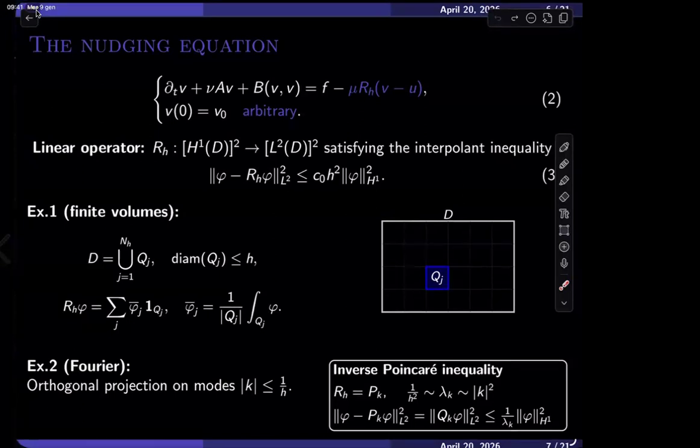So a typical example that you find very often in the mathematical literature for this kind of linear operator is given by projection on the low modes, and this interpolant inequality is nothing but a generalized inverse Poincare inequality.